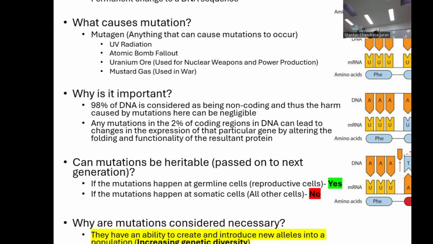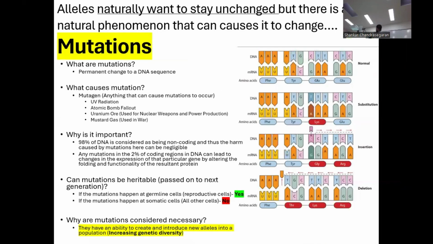And why is it important for mutations to even happen? Why is it important? Is because any changes within that 2% of coding regions can actually be very detrimental. Because remember, that 2% of your DNA that codes for proteins requires it to be precise so that it can make sure the protein is made correctly and that protein will fold correctly.